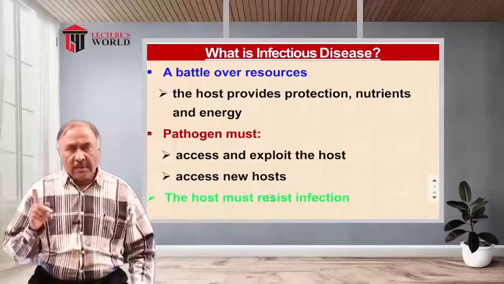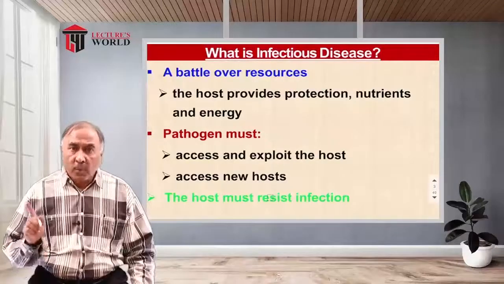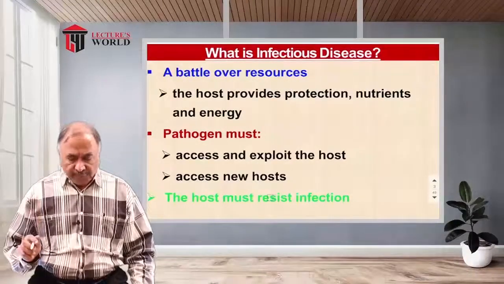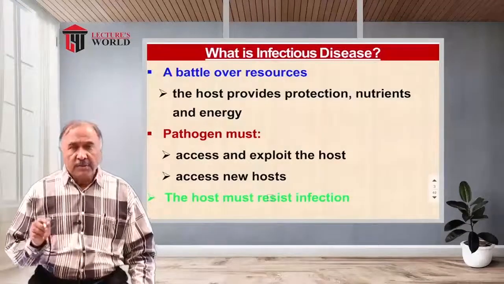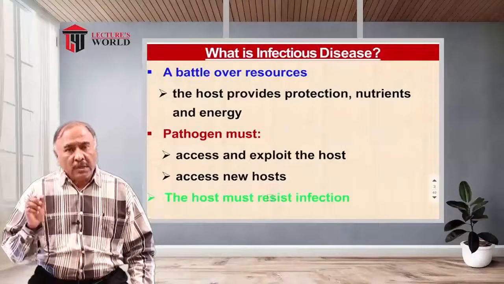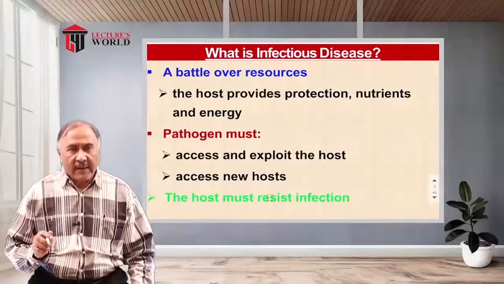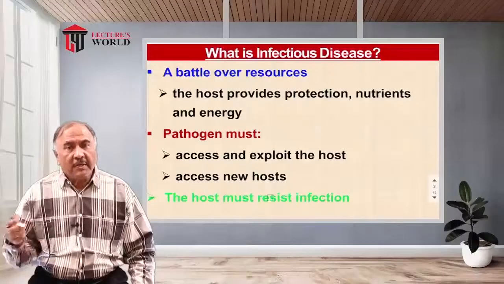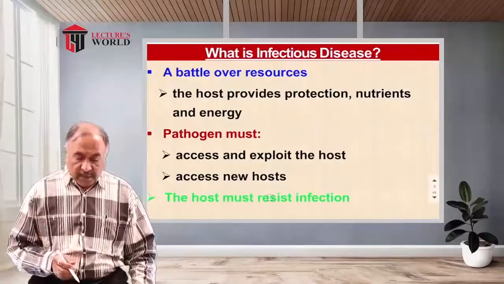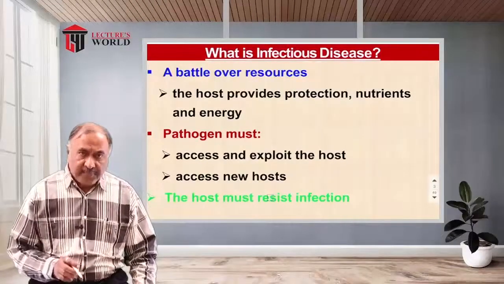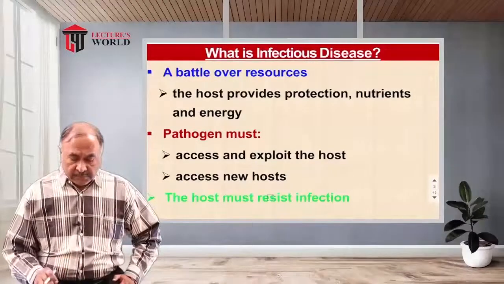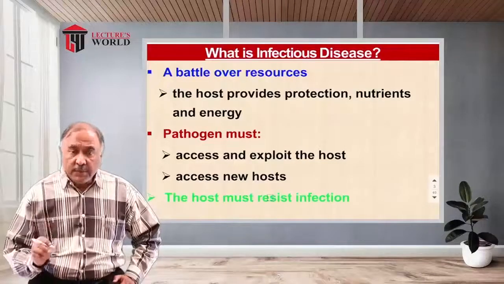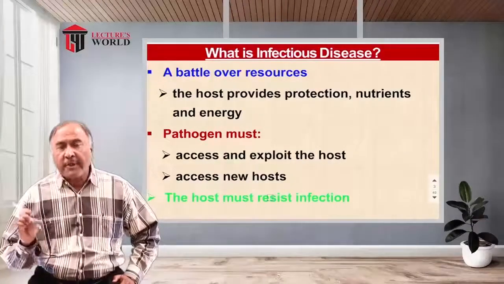So the host is providing protection, nutrients and energy to the host himself, and in many cases to the pathogen too, when it is an obligate intracellular parasite. Second, the pathogen basically should access and exploit the host.